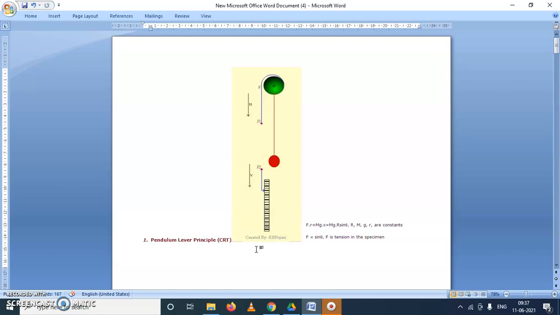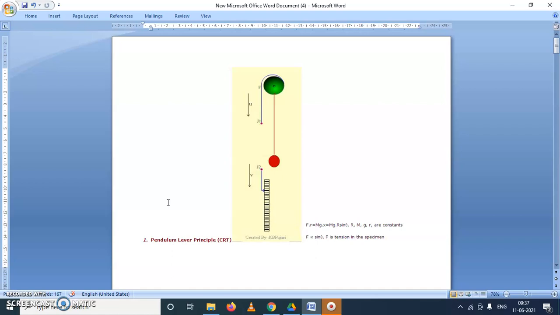Now what happens when jaw 2 is pulled downwards with the constant traverse rate? If v is the velocity of jaw 2 and u is the velocity of jaw 1, and assuming that the specimen is inextensible, u and v will be the same.